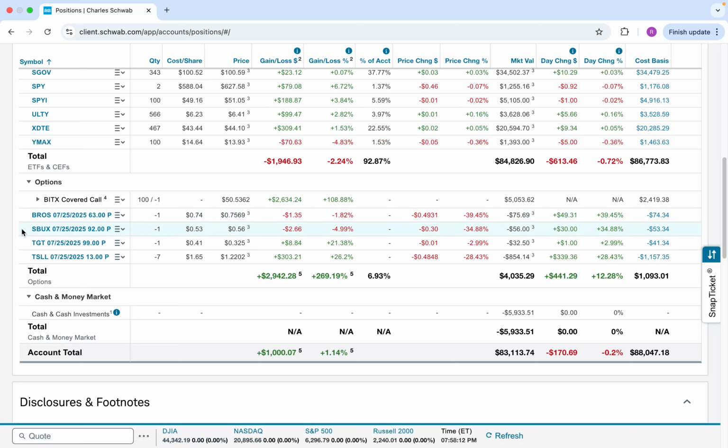I have a 92 strike put on Starbucks. I have a 99 strike put on Target, and I have 7 contracts for 700 $13 strike puts on TSLL.